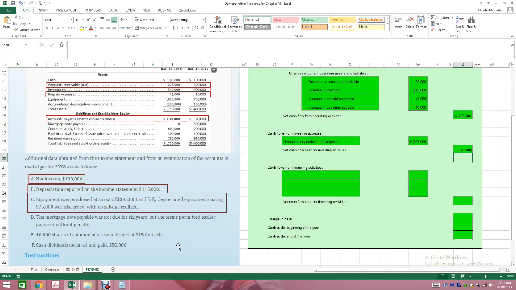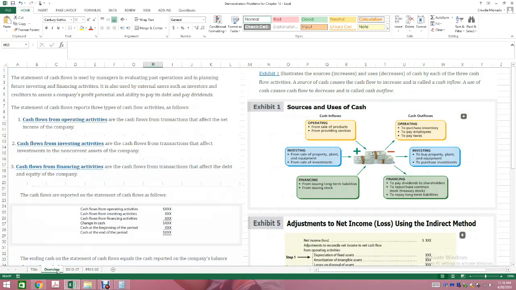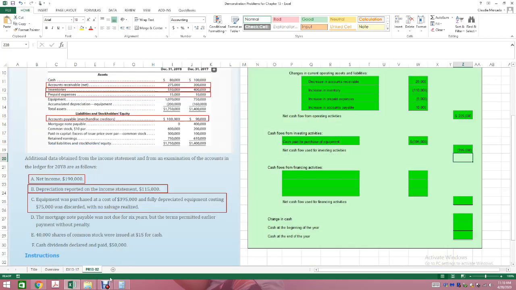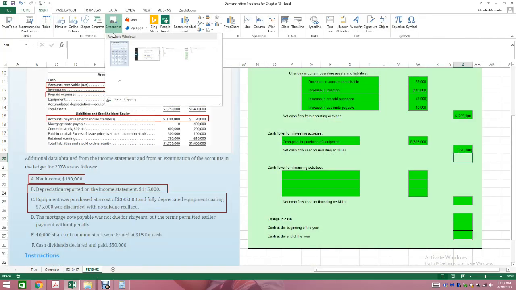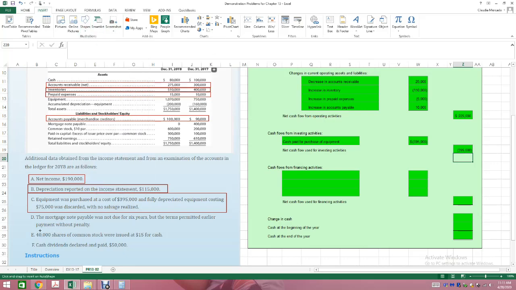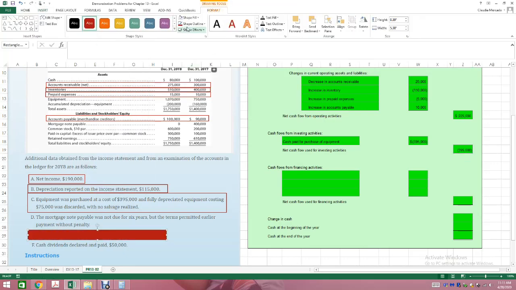Let's look at our positive items first. First, let's look at our common stock. Let's look at our positive amounts first. We issued stock. So, let's look at letter E. Right here.